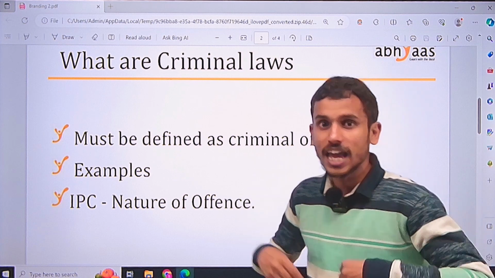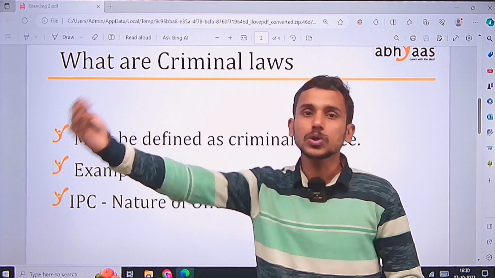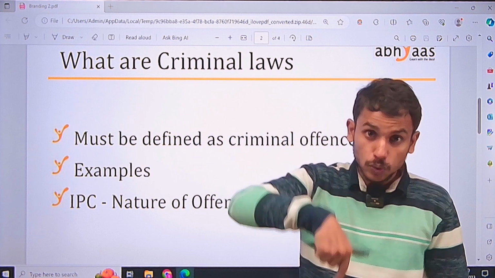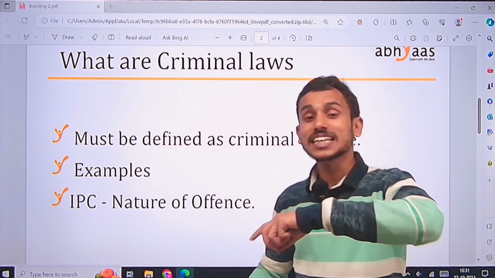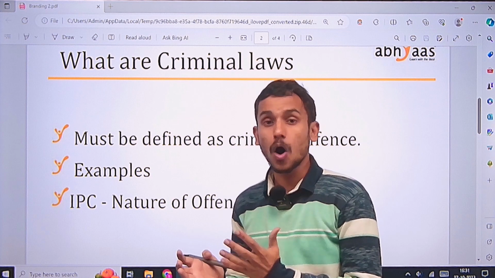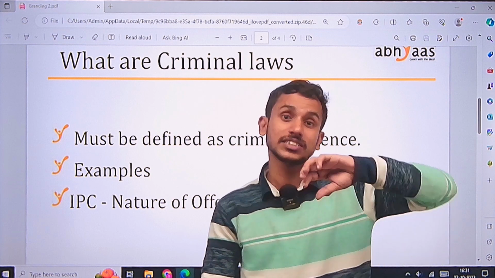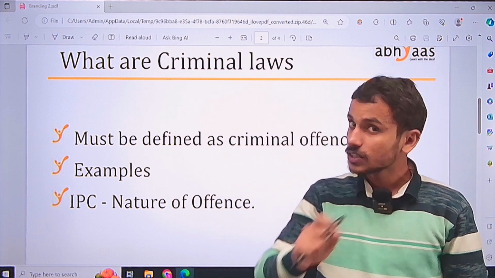That means if today I have committed an act and tomorrow some law comes in which punishes my today's act, that would have a retrospective effect. A law bringing into its ambit acts which happened previously, those things are not allowed.